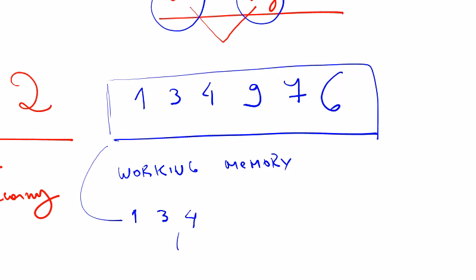Then I ask you to do a mirror image of this. The mirror of 1 is 9. The mirror of 3 is 7. The mirror of 4 is 6. So again, first number 1, then I gave you a random number 3, then 1 plus 3, 4, and then the mirror image, 9, 7, 6.